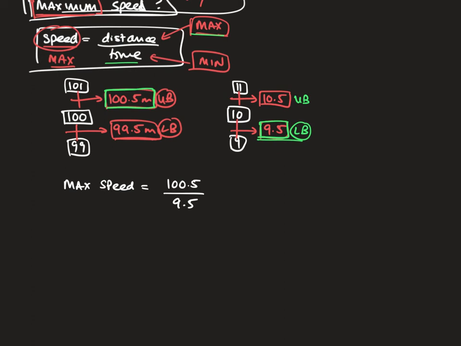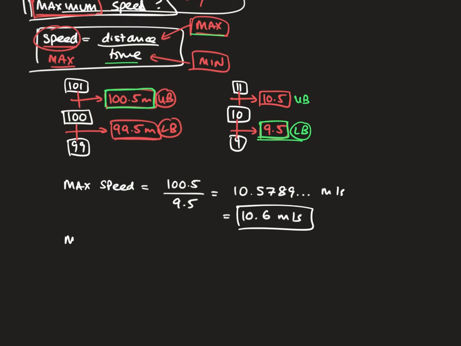So that is 100.5 divided by 9.5, and that gives us a speed of 10.5789 meters per second. We're going to do that to three significant figures. That'll be 10.6 meters per second. So that's 10.6 meters per second for the maximum speed.